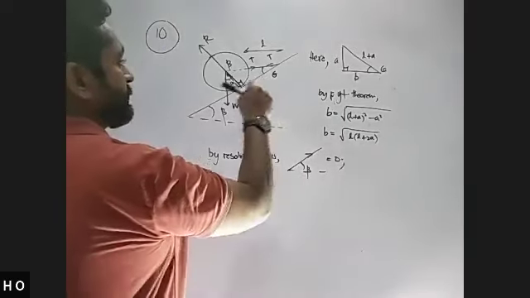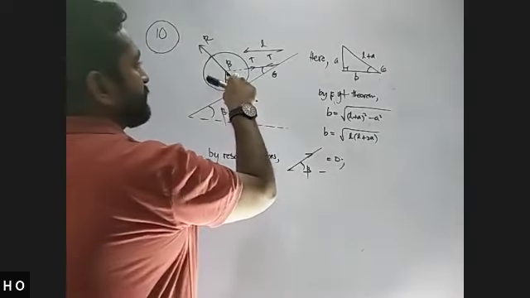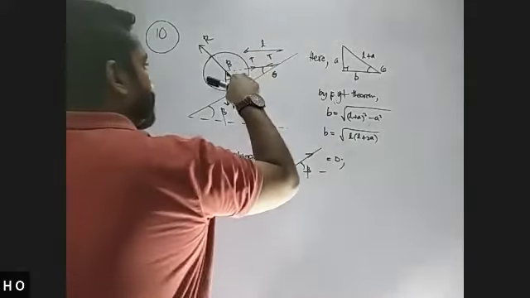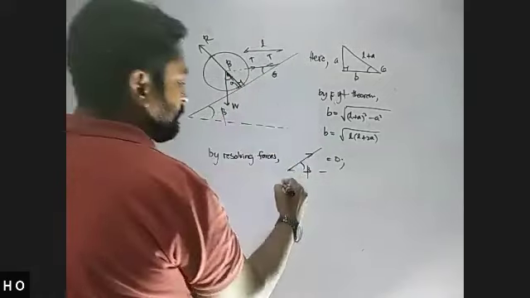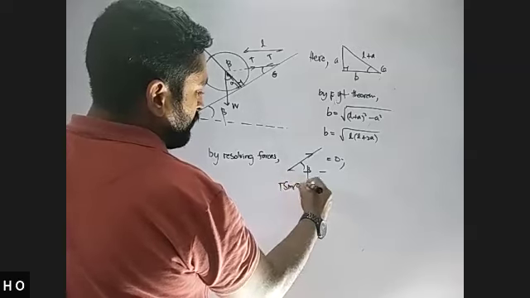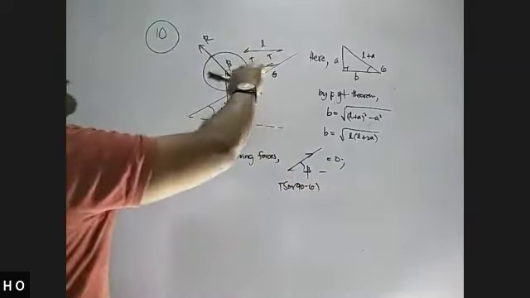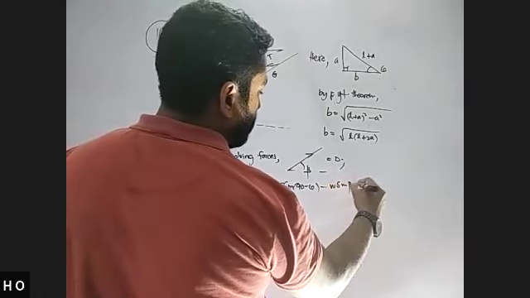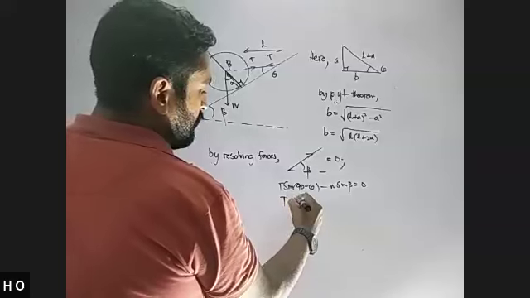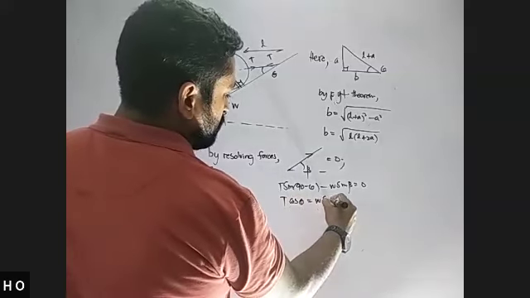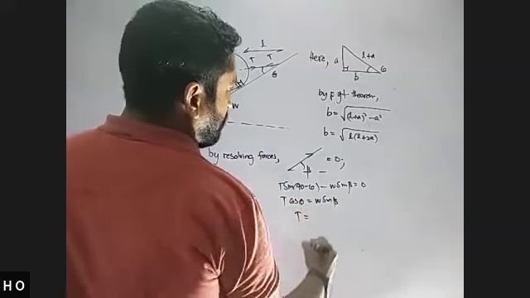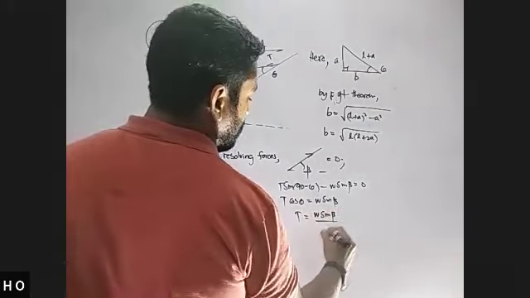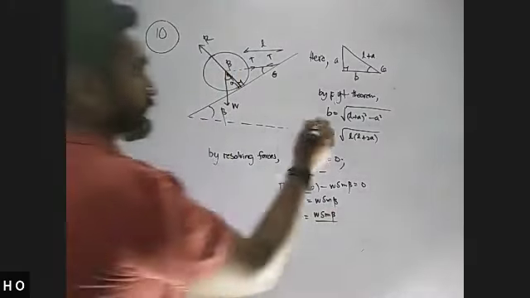There, this is theta, 90, and this is 90 minus theta. This T is acting upon the sphere. This T is acting upon the inclined plane. So 90 minus theta. T sine (90 minus theta) minus W sine beta is 0. So T cos theta is W sine beta. T equals W sine beta over cos theta. What is cos theta?